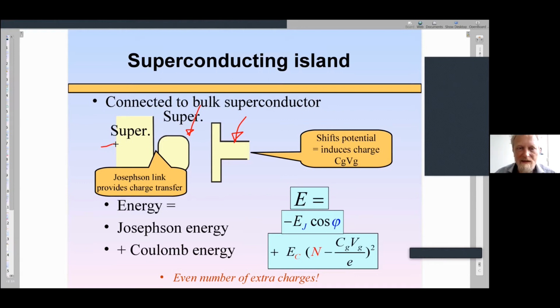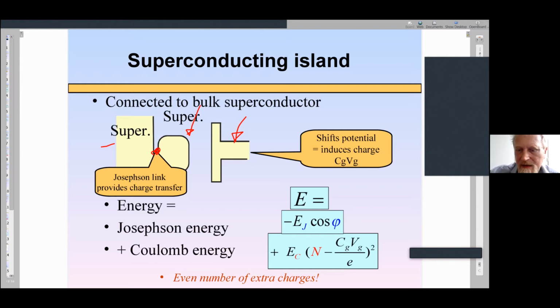What has changed? Now the contact between two superconductors became a Josephson link. The Josephson link provides charge transfer. So the associated energy is the Josephson energy.